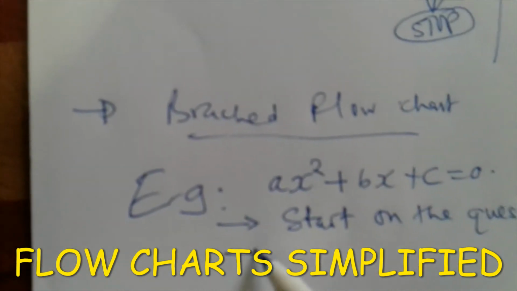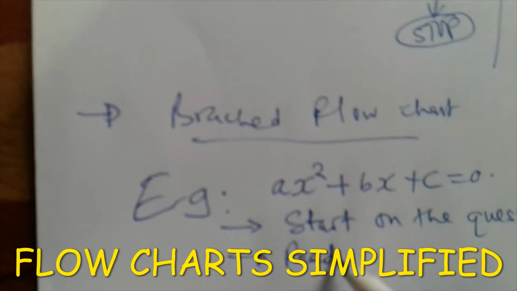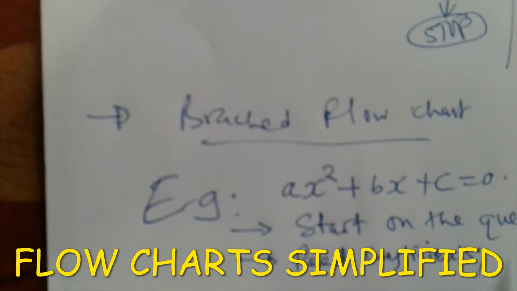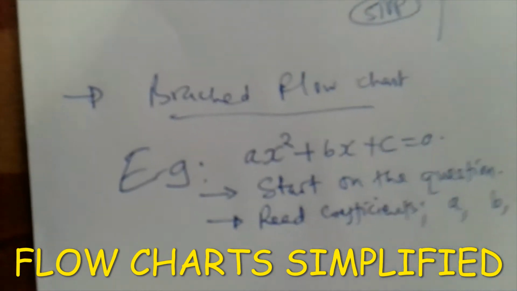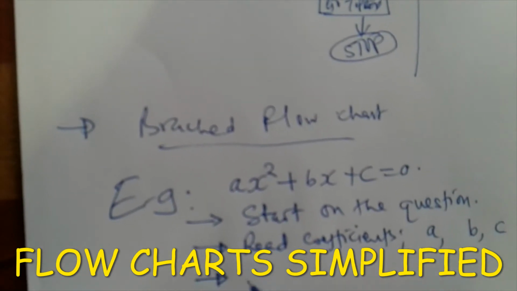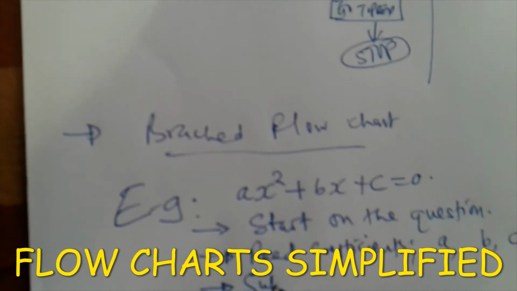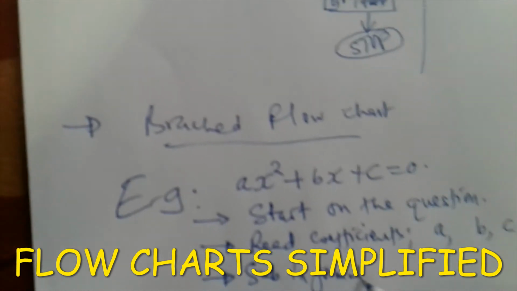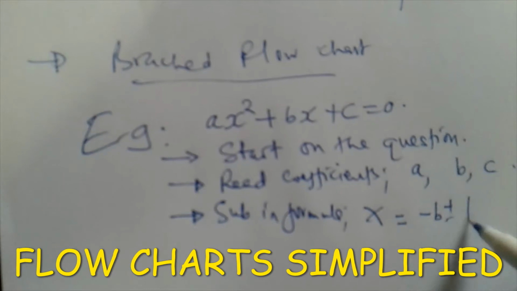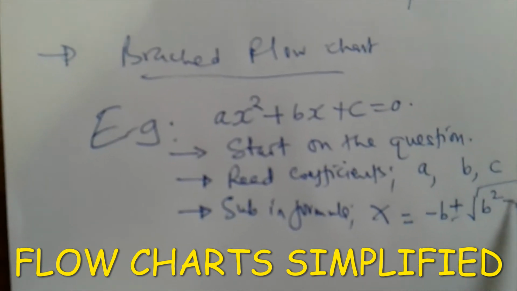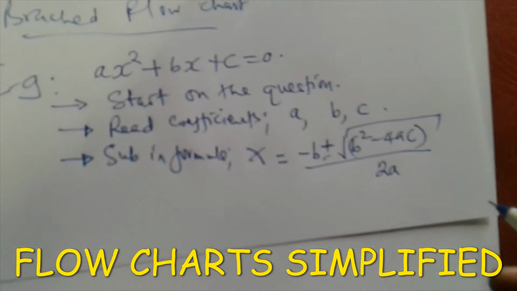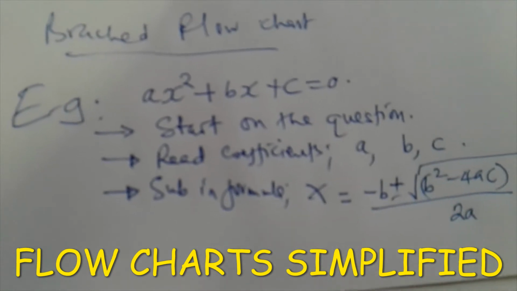After reading this question, you read the coefficients: we have a, we have b, we have c. After reading these coefficients, you use the formula, x equals minus b plus or minus root b squared minus 4ac all over 2a. This is the formula where a, b, c are substituted.